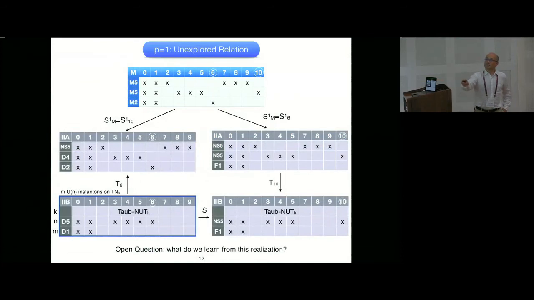And then there is the p=1 case, which, as far as I know, is unexplored. I want to mention it because that's an opportunity. I think we know much more about the M5 brane now to attack it. So if you now have a D1 brane inside of D5, wrapping Taub-NUT, you T-dualize the only compact direction we have now, and that becomes a configuration of NS5s, D4, D2, lifted to M theory, and now almost everything is gone.